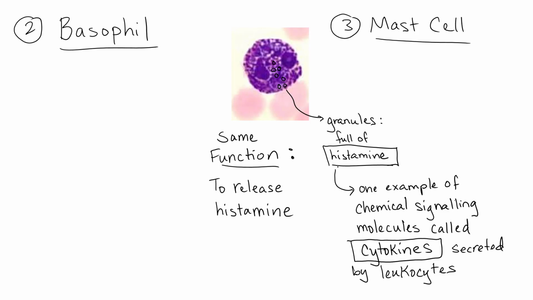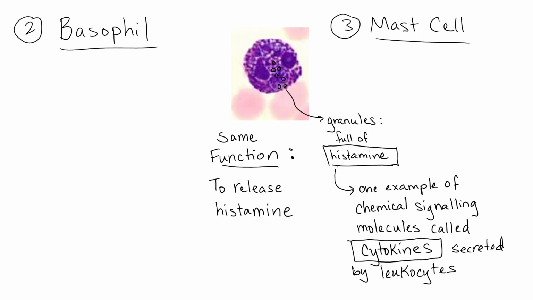Now, I bet a lot of you have actually heard of histamine, mostly in the context of allergies. So if somebody has an allergy to pollen or to cat dander, dog fur, dust, whatever, they might take an antihistamine medication to block the effects of histamine.